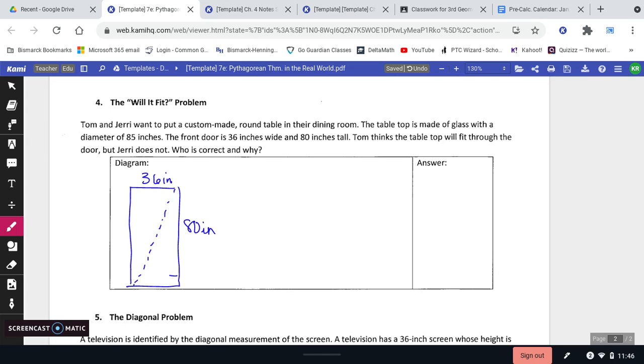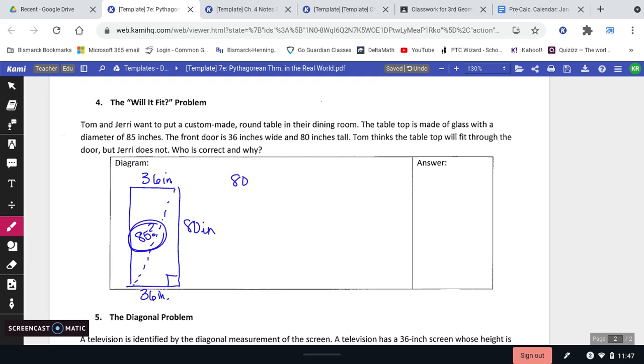So the question becomes, if we do it at an angle, is that enough space? Because we need 85 inches. So that's the question. Is that diagonal going to be 85 inches or more so that we can fit this top through the door? Well, I've got 80 inches here, 36 inches there. Of course, this would also be 36 inches, and these are the legs, and then that's the hypotenuse.